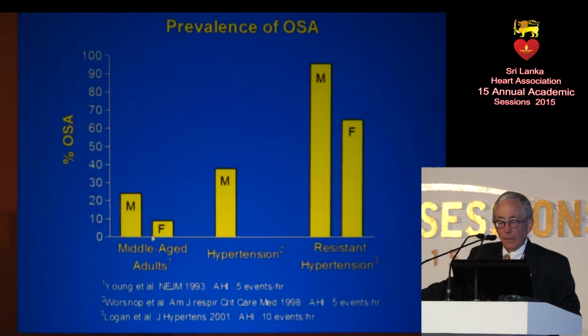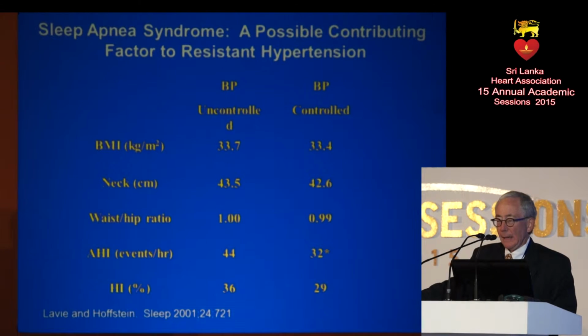Here are males and females, hypertensive males, look at how much more common it is. So you really have to be suspicious of this and appreciate it's not necessarily just related to the size of the individual.